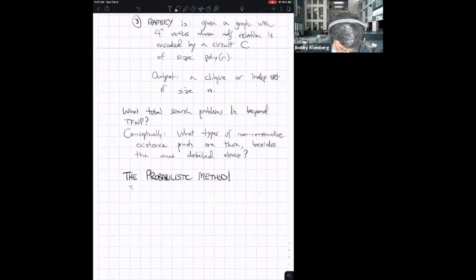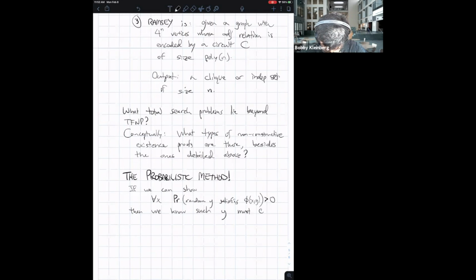Which says, if we can show that for all x, the probability that a random y satisfies phi of xy is greater than 0, then we know such a y must exist.